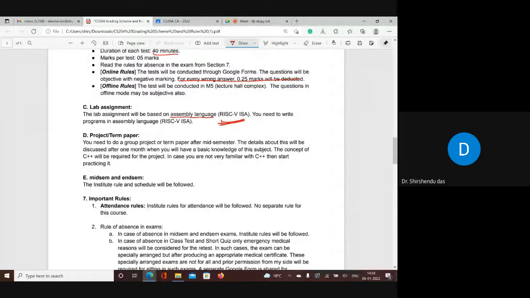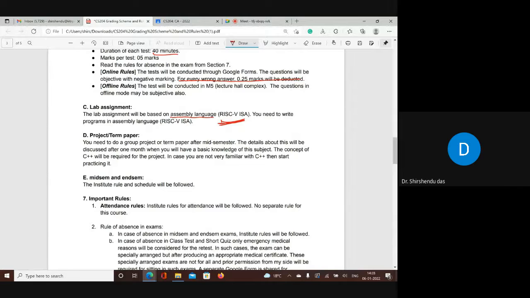More details about assembly language we'll discuss tomorrow, or maybe in the initial 2 to 3 weeks. There are many different assembly languages available, but we'll discuss RISC-V. This is a special assembly language which is easy to understand also.